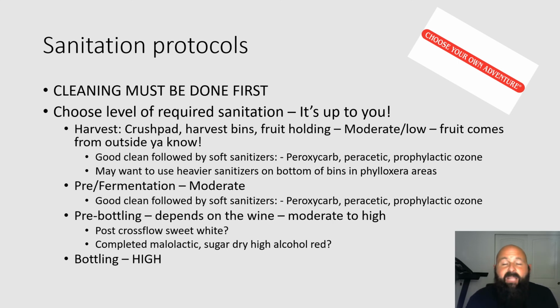At bottling, it's always high to the nth degree. In the HACCP lecture that's coming up after this, we're going to talk about monitoring levels of DNA microbes in the background, and just how clean we need to be to make sure we don't have bad things going into the bottle.